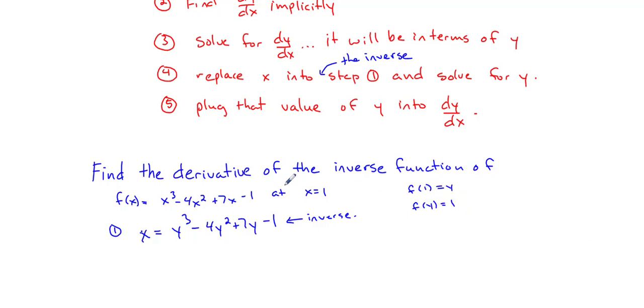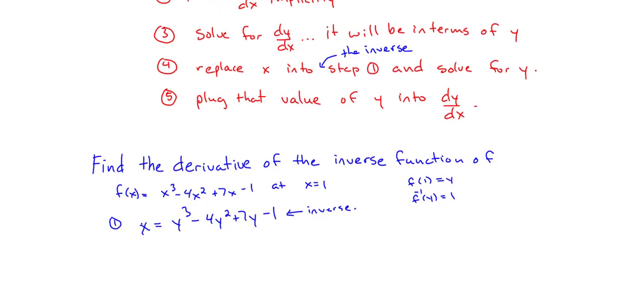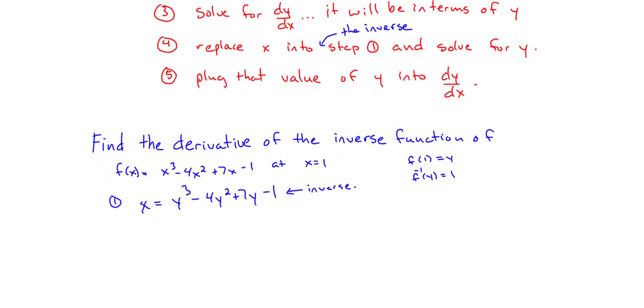In this particular case, f inverse of y equals 1. That's why we're going to be putting a 1 over here later. Okay, step 2, find the derivative implicitly. Step 2, find d dx. d dx both sides.